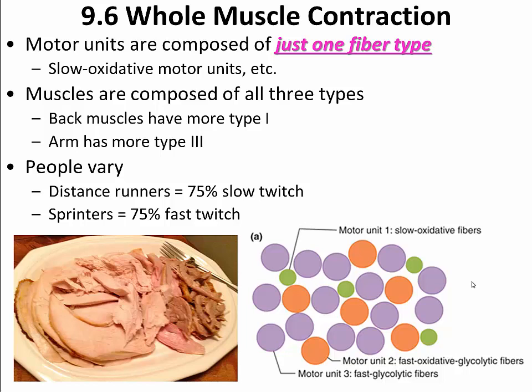And if we look at the percentage of the different fiber types that are found in their quadriceps, we see that really good distance runners have a very high percentage of slow twitch muscle fibers, whereas sprinters are nearly the opposite, having a very high percentage, as much as 75% of fast twitch, which would be type 2 and type 3 muscle fibers. And so interestingly, much of this is the result of genetics.